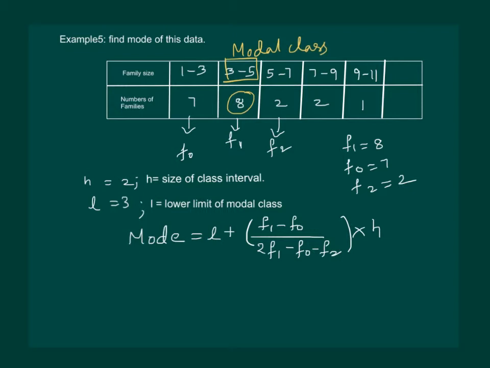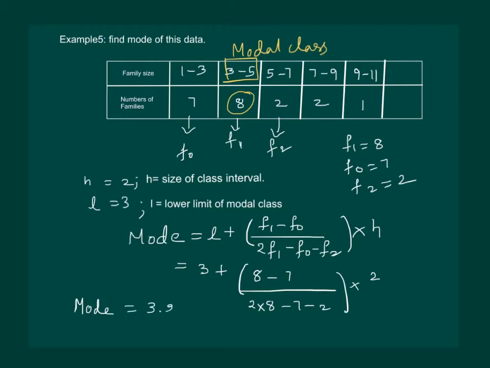So let us do it. We have L equal to 3 plus (F1 is 8 minus F0 is 7) whole by (2 into F1 minus F0 minus F2) into H. After calculations, we get mode equal to 3.286.